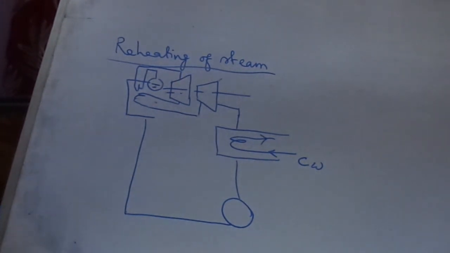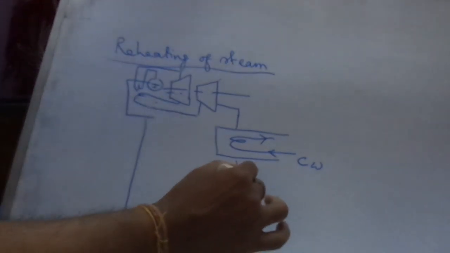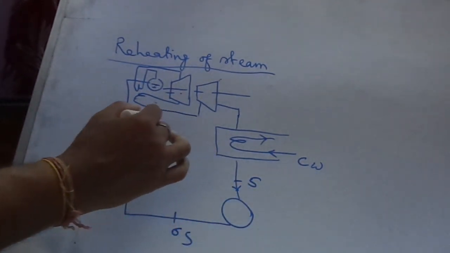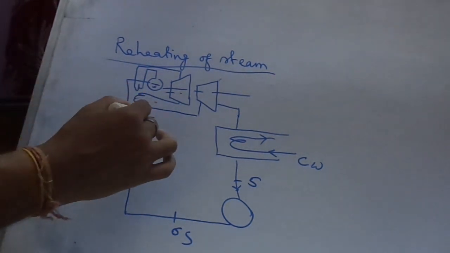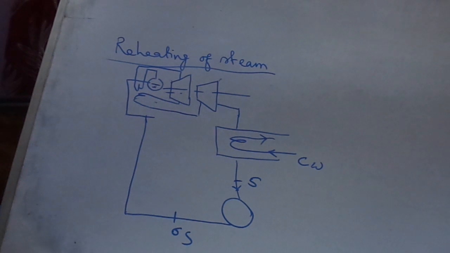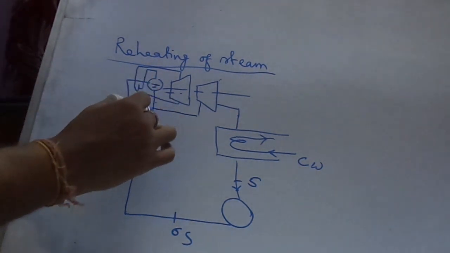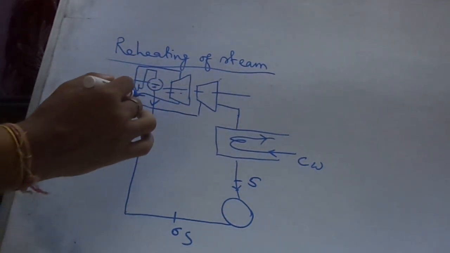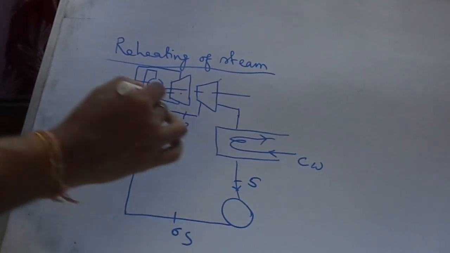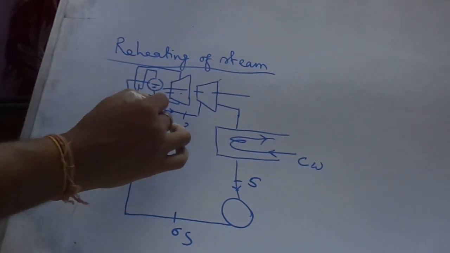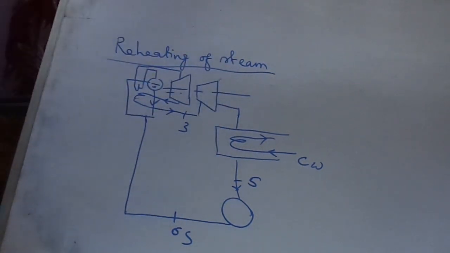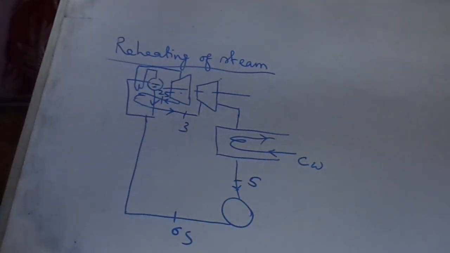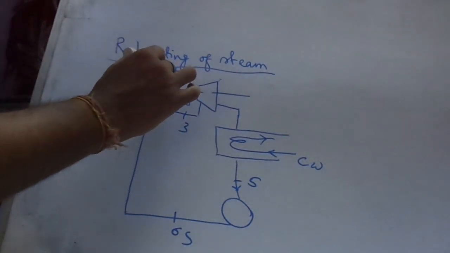The states are numbered 5, 6s, 3, the arrow is entry and exit, this is 2s, and another one is 1.